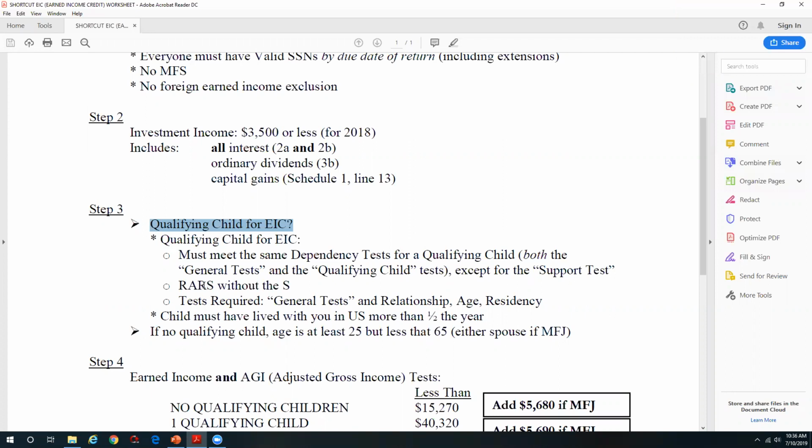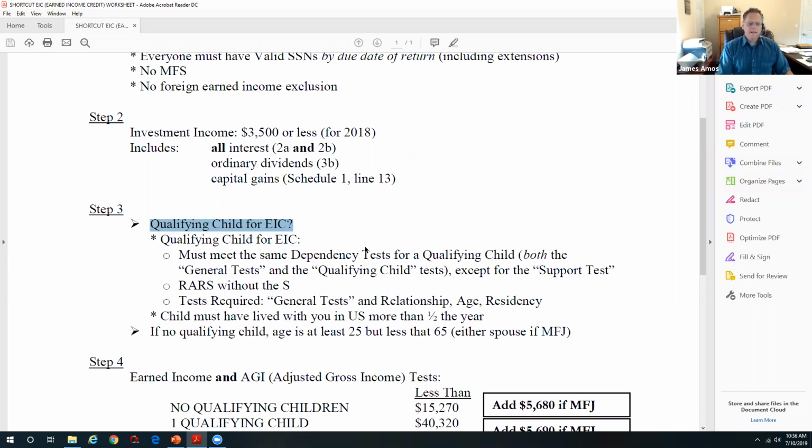It is non-refundable. Additional child tax credit, is that non-refundable or refundable? Refundable. There we go. Remember how I said child tax credit and additional child tax credit follow the child? Whoever claims the child on the return gets to take that credit. Remember we said that is one of the basic rules for child tax credit?